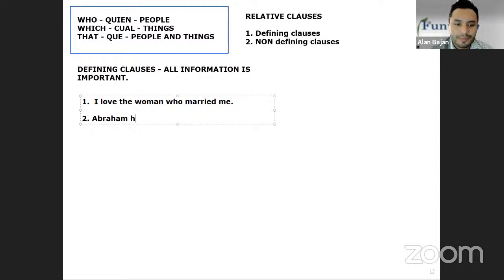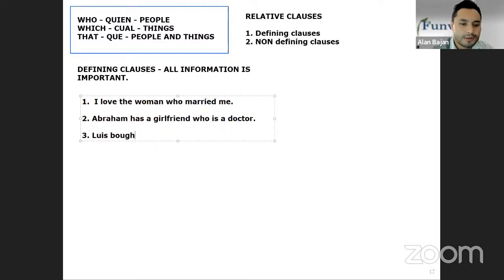Abraham has a girlfriend who is a doctor. Number 3. Luis bought a car which is very expensive.